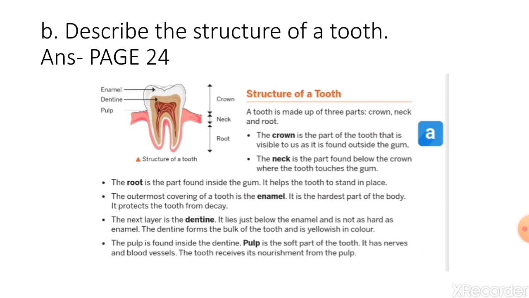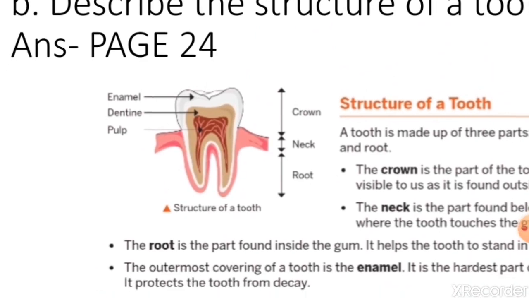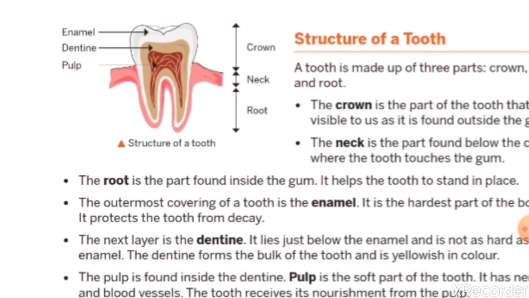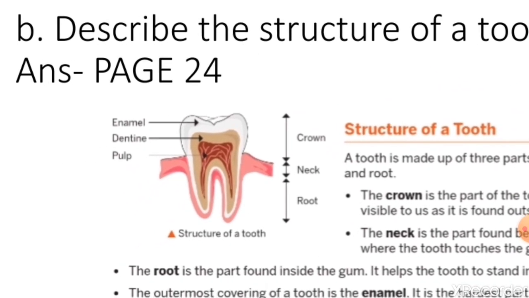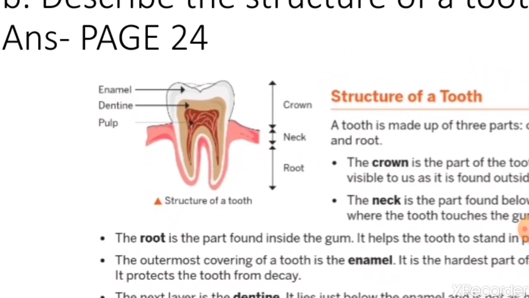After that, the next question is, describe the structure of a tooth. So you will have to describe each and every part of the tooth. You'll get the answer on page number 24. You can draw the picture also. It is not compulsory.